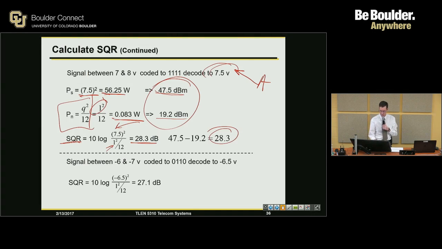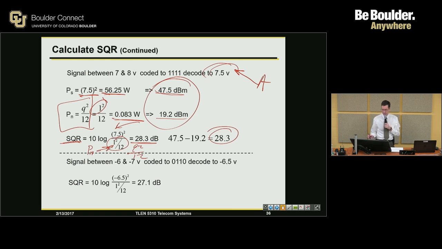So here's SQR. And this number right here is the average noise power, and the average noise power is Q squared over 12. Okay?